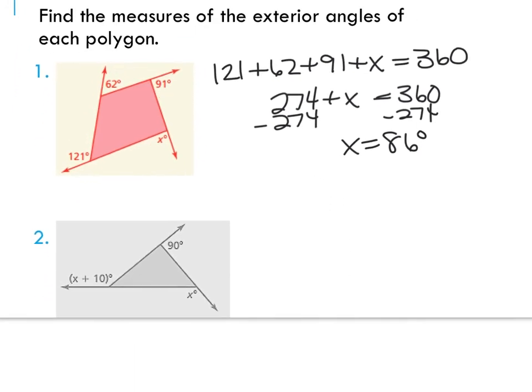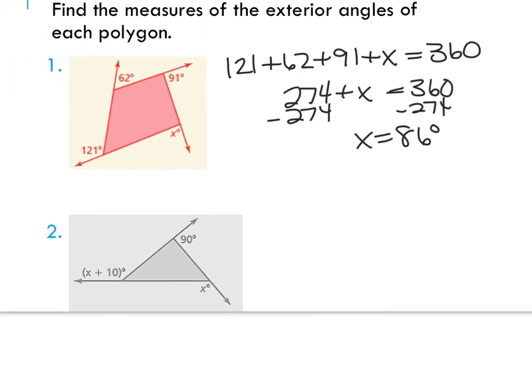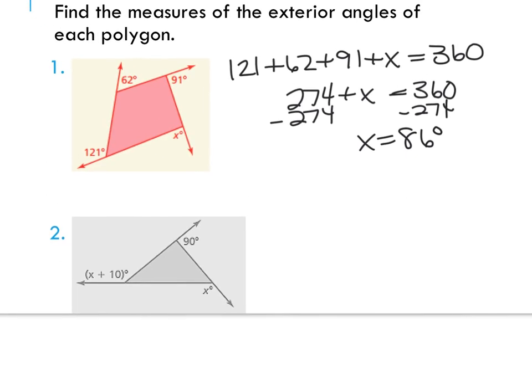Let's look at example number 2. It's very similar. See if you can write the first initial equation, so maybe pause the video, see if you can write the first equation, and then we will solve from there. So hopefully you had an exterior angle of x plus 10 plus 90 plus x, and that will always equal 360 degrees.